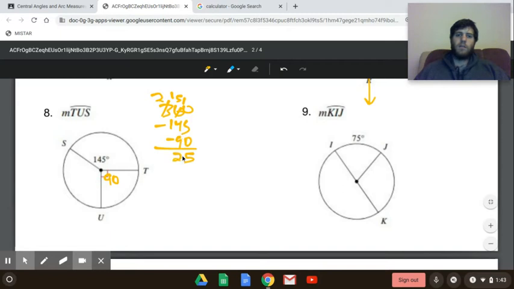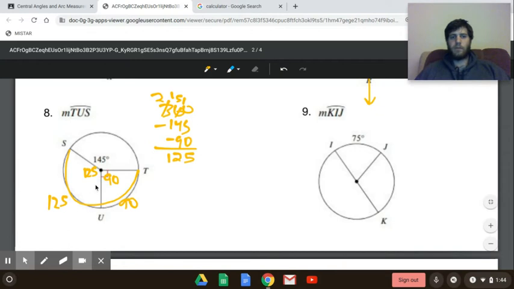That's 125, right? So we know that this one's 125. So TUS, you want all of this. That's going to be 90 plus 125.